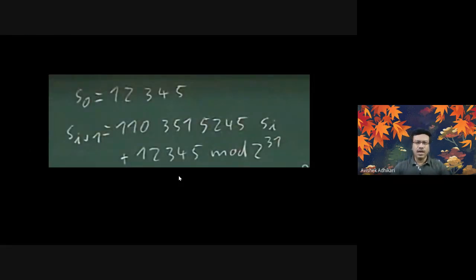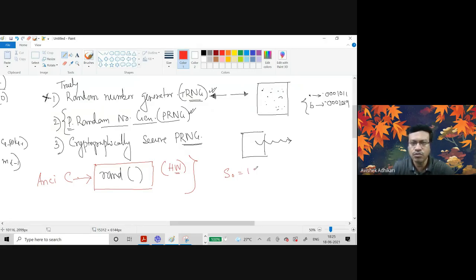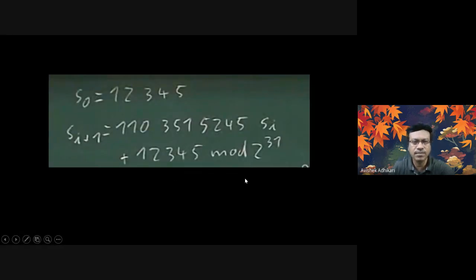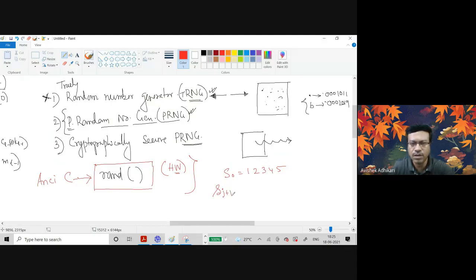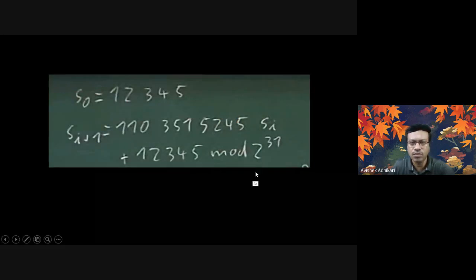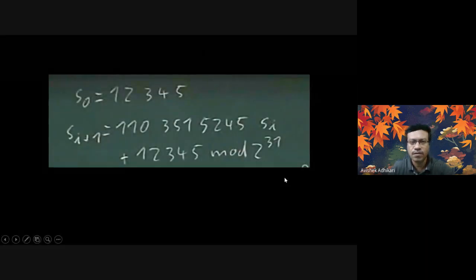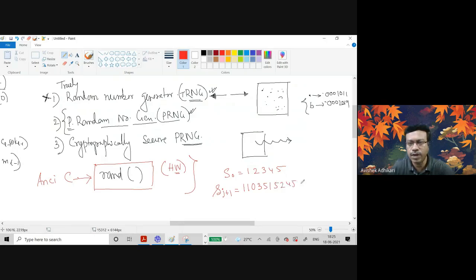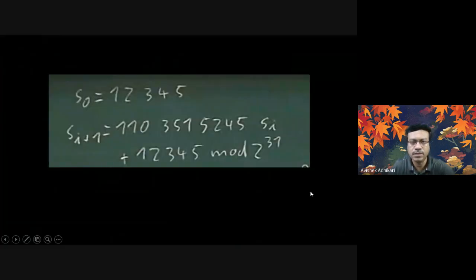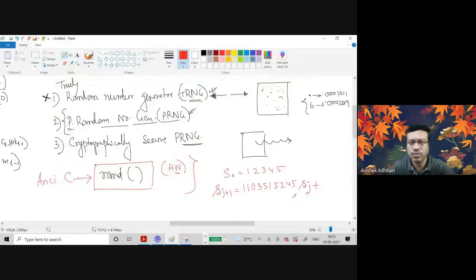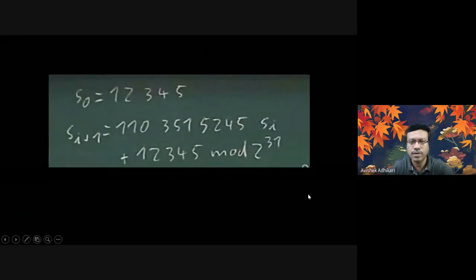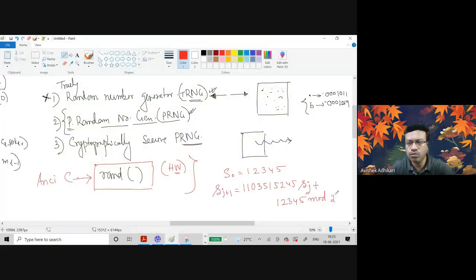So S0 is 1, 2, 3, 4, 5, and S_{j+1} = (1103515245 * S_j + 12345) modulo 2 to the power 31.